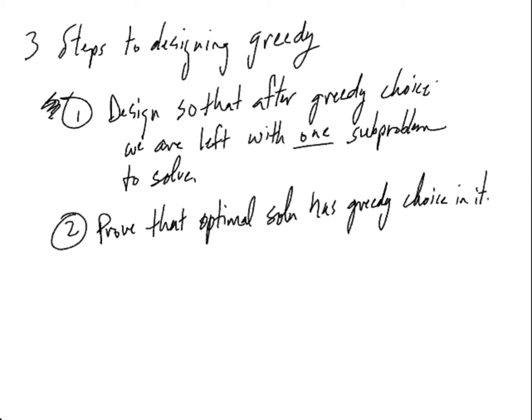In the activity selection, optimal activity selection problem, we showed that given an optimal solution, we could plug in the greedy choice, which was the activity that was going to finish first. We plugged that into the optimal solution and found that this new solution was identical to the optimal solution.